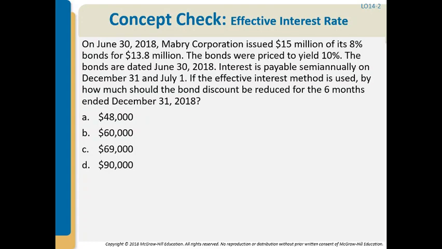The bonds are dated June 30th, 2018. Interest is payable semi-annually, December 31 and July 1. If the effective interest rate method is used, by how much should the bond discount be reduced for the 6 months ending 12/31/2018?